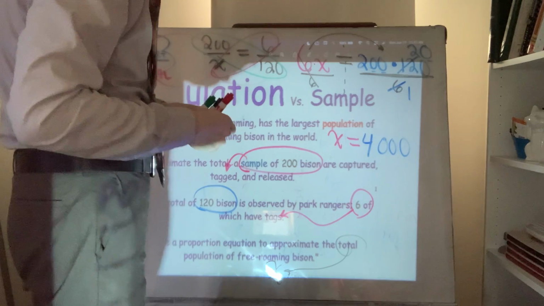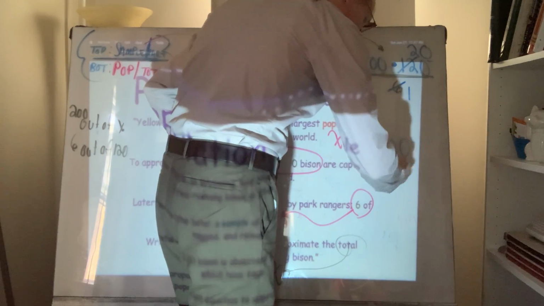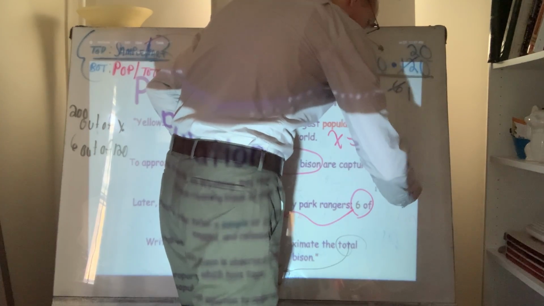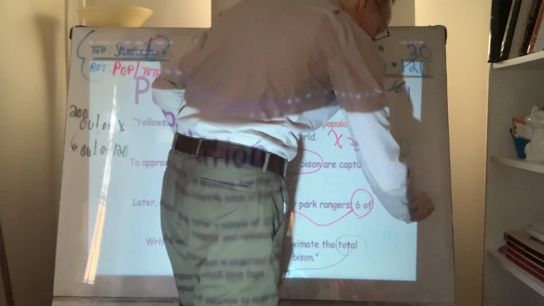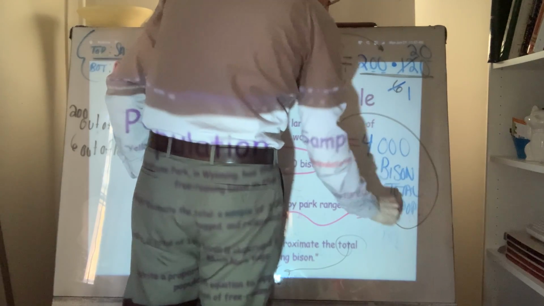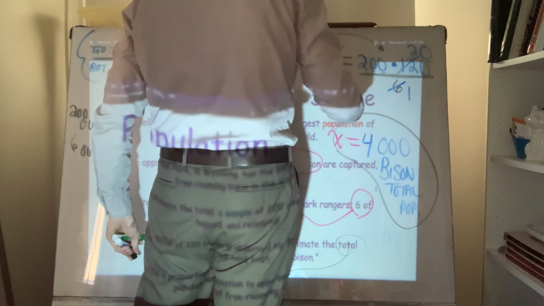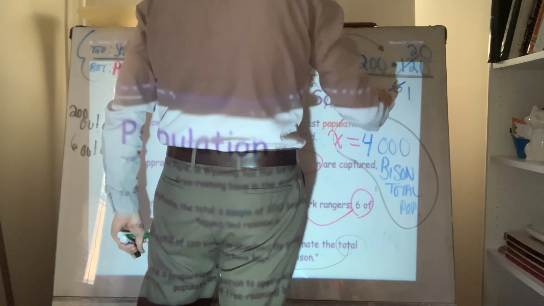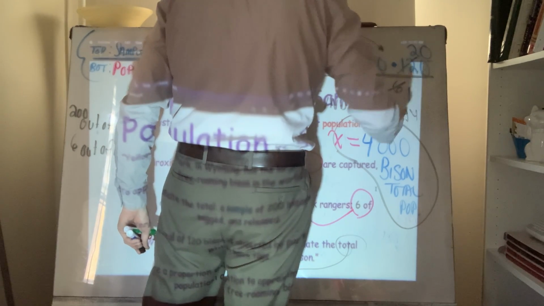So what you should end up with is 4,000 bison total population. This is essentially an indirect way of counting.